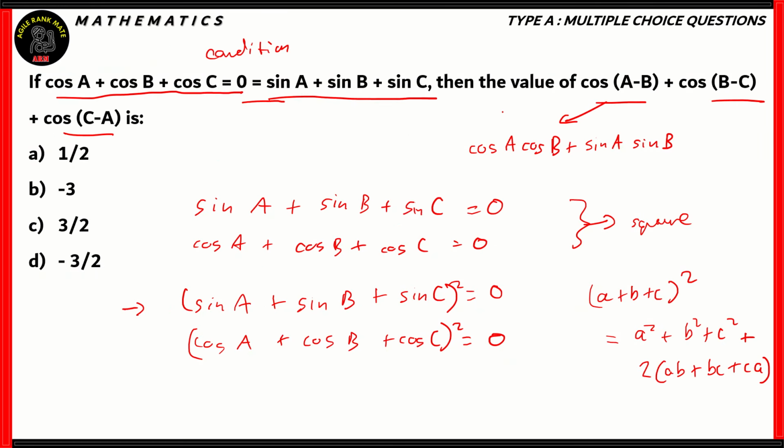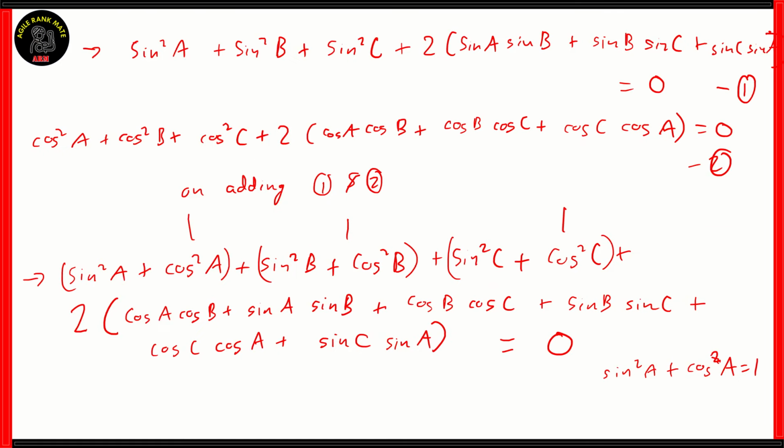But if you look at our question, initially we wrote that cos of (A minus B) is written as cos A cos B plus sin A sin B. So we're going to use this particular trigonometric expression inside the bracket. So what have we got?